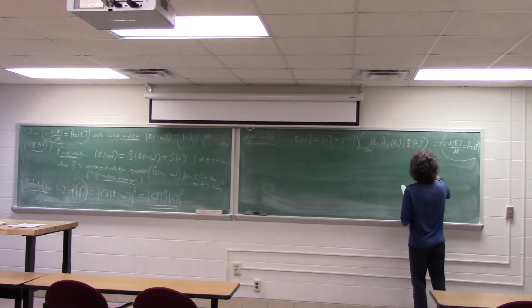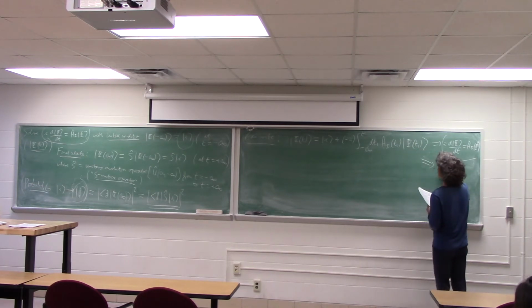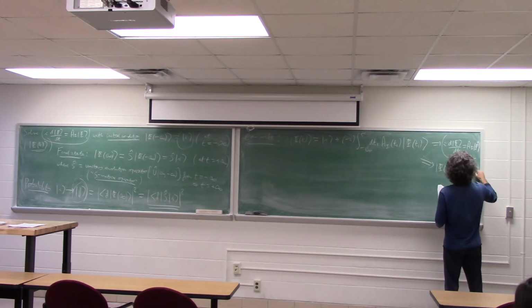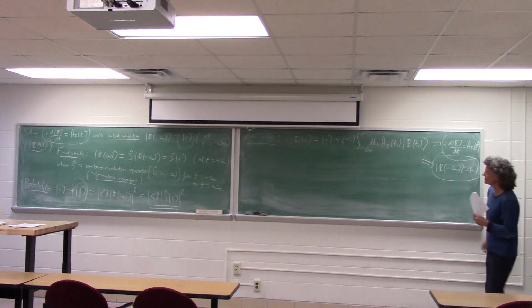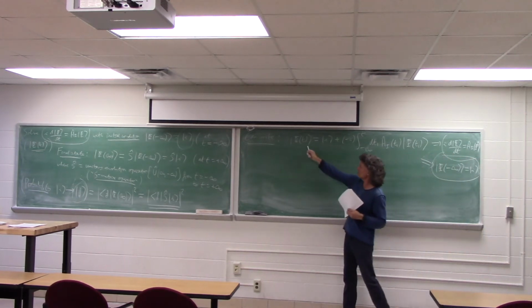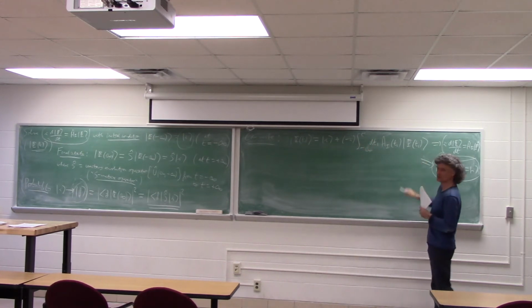And it also implies that the state at minus infinity is equal to I. If I let t go to minus infinity here, then in this integral, well, this integral will vanish.